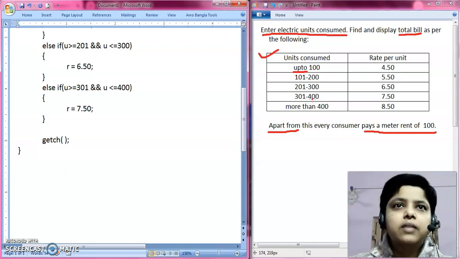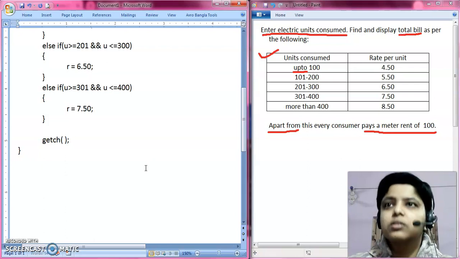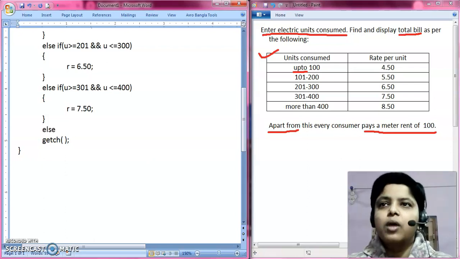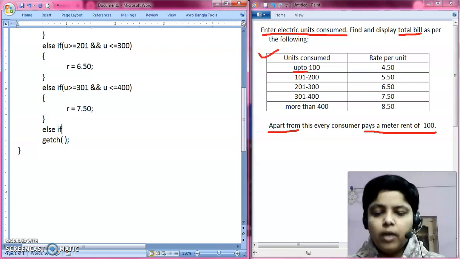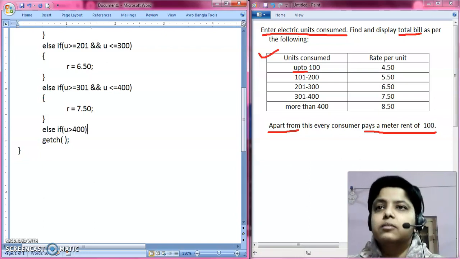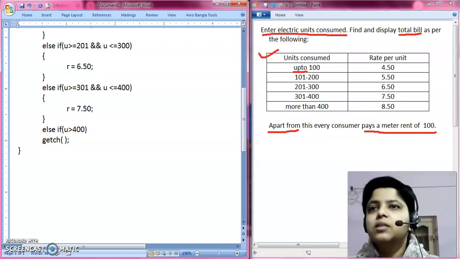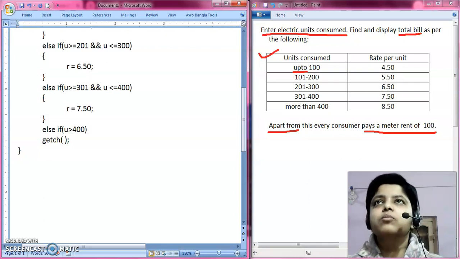And then there is the last condition, which is more than 400. So I am going to write else. If you want, you can write else if unit greater than 400. You can write it like this. But this is the last condition. More than 400 could be anything.